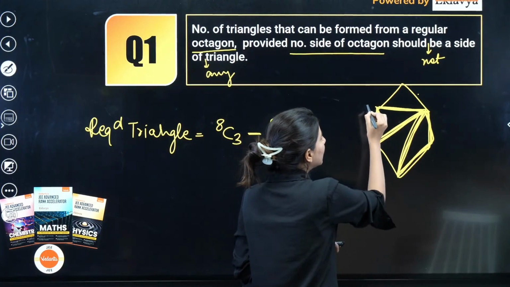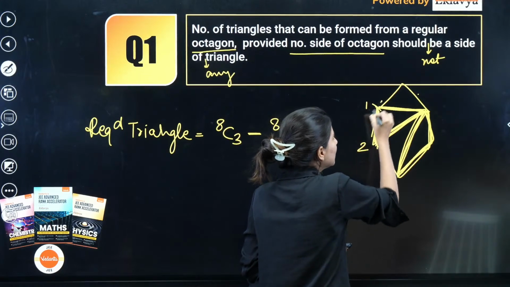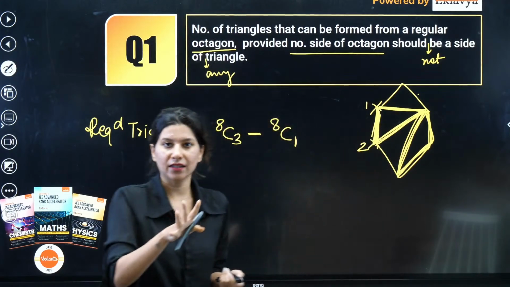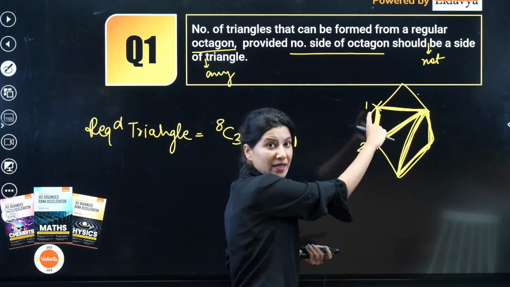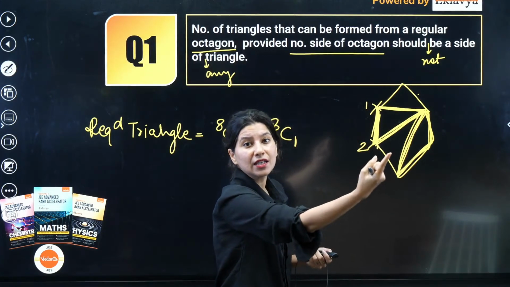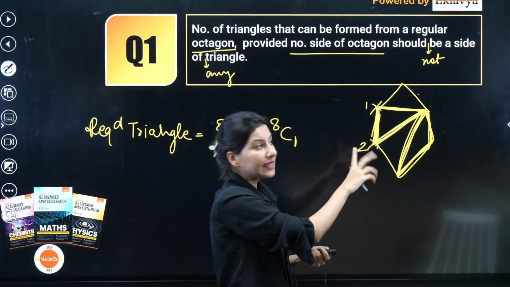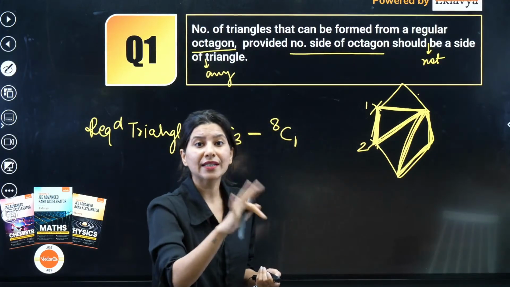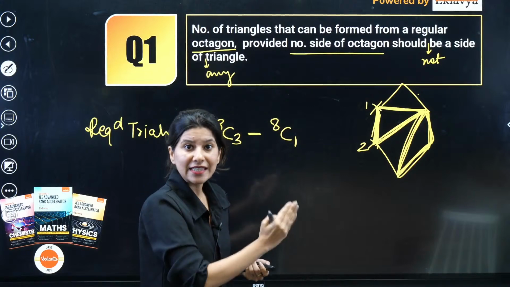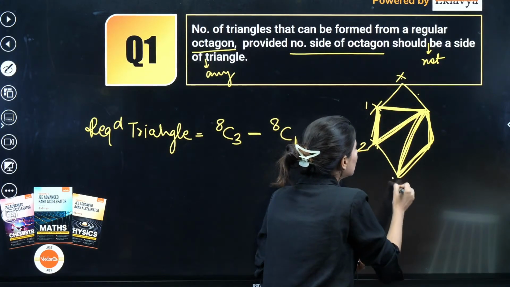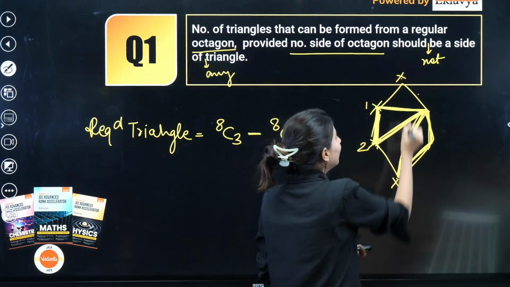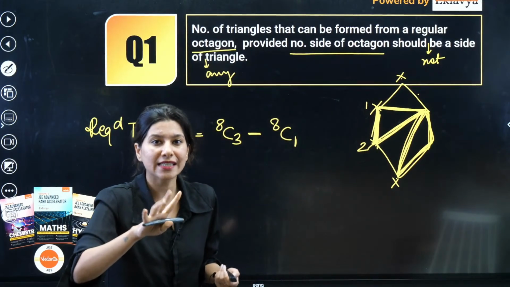Now I need to select one vertex so that I can form this type of triangle. How do I do that? Can you see 1 and 2? These 2 vertices I cannot select. Why? Because I have already considered that this is one of my sides. I am looking for my third vertex of such triangles where one side is coinciding. Now I cannot select these 2 as well. That means 1, 2, 3, 4. These 4 vertices I cannot select. Why?